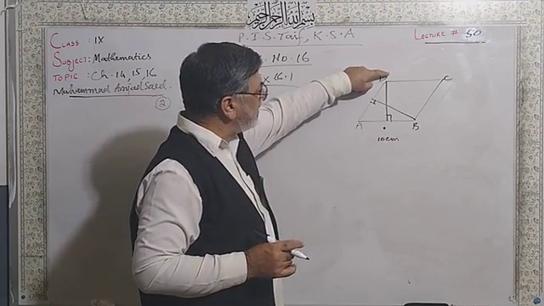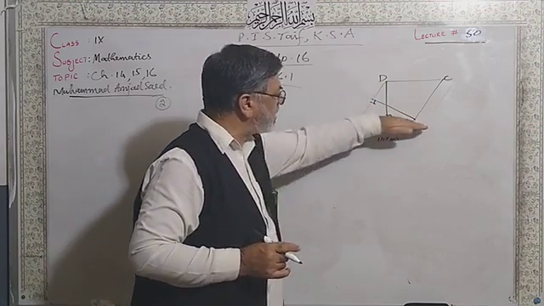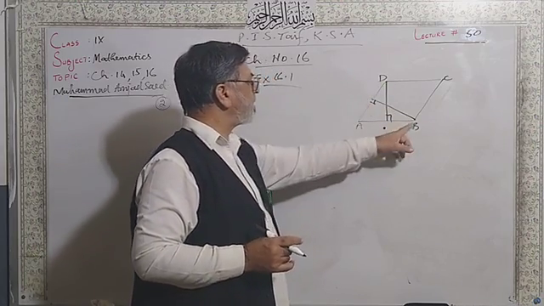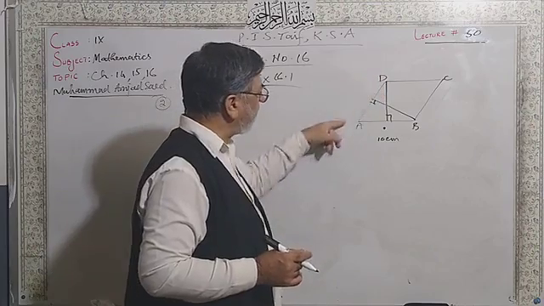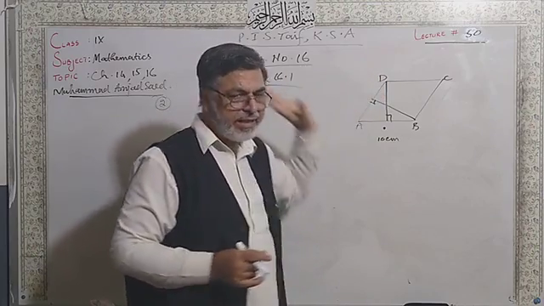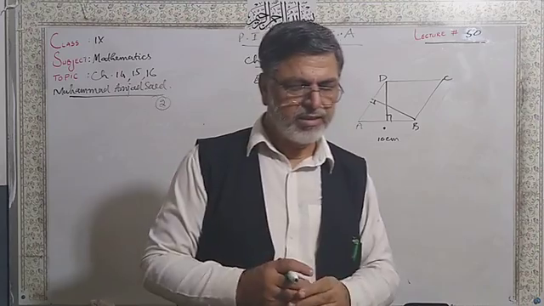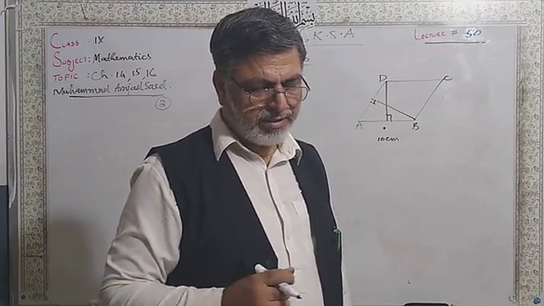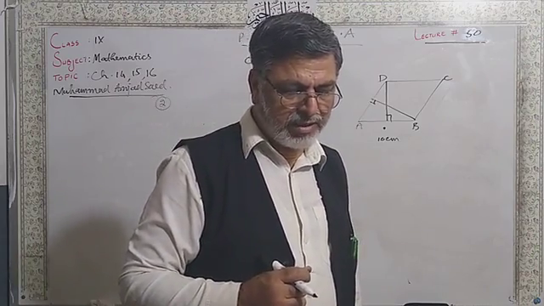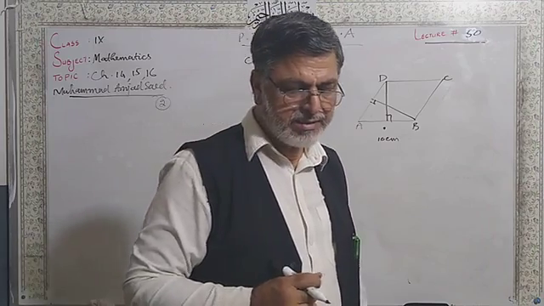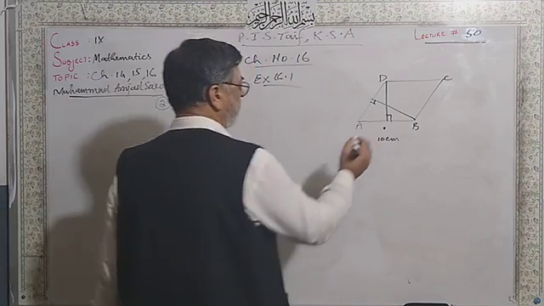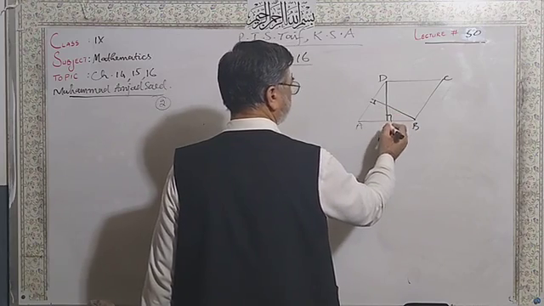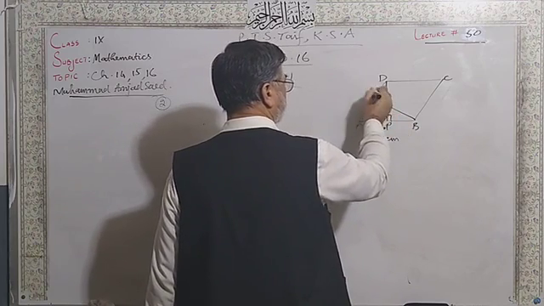This is the vertex, and this is perpendicular on this side AB. Similarly, this is the vertex and it is perpendicular to side AD. So what is given? ABCD is a parallelogram, and you can say this is P and this is Q.